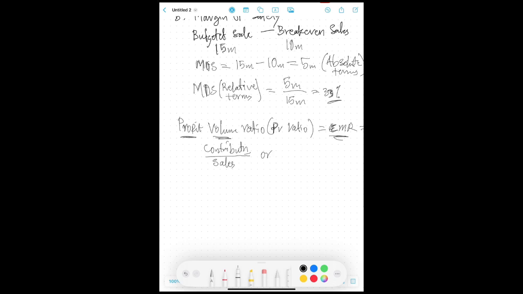Or if you're doing it per unit, you say contribution for 1 unit divided by selling price. We still get your contribution margin ratio, or your PV ratio.